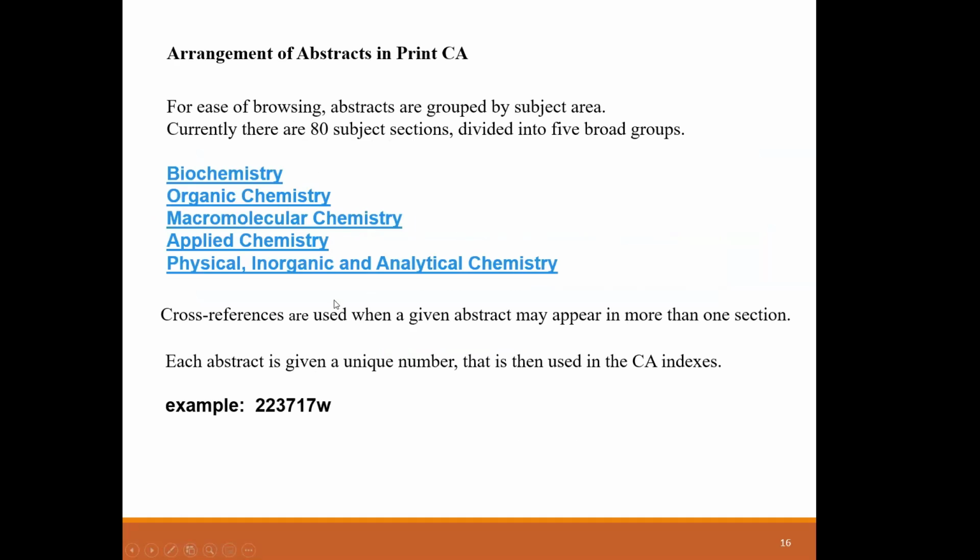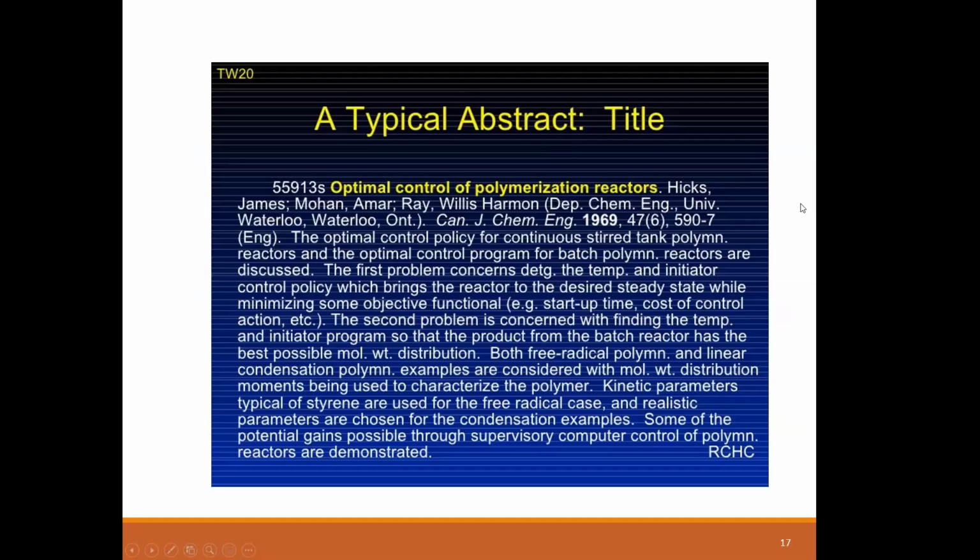I'll show you one example of a typical abstract. Usually we're starting with a number. It's a searchable number, and then the title of the publication, and then followed by the names, last and first names of the authors, and their contact information.